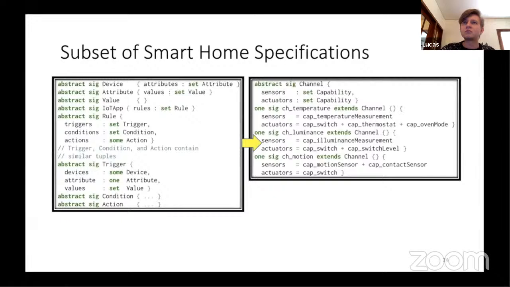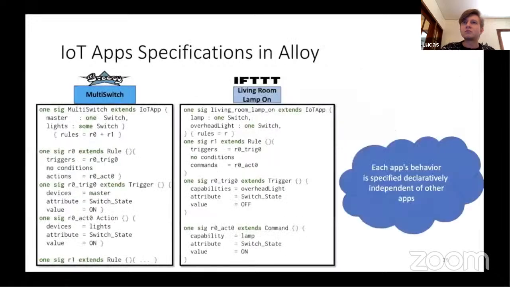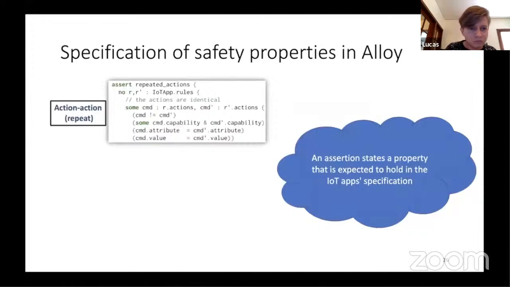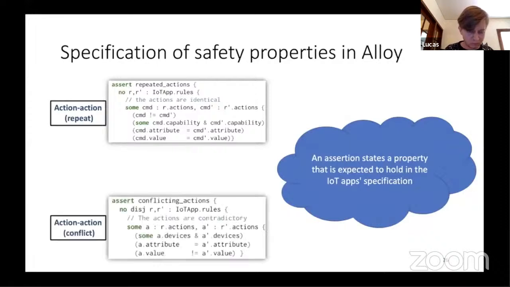Now for the specification of the IoT applications, as you can see here, we generate the specifications individually and independently of each other. Therefore, we can fulfill the requirement to perform compositional analysis. Here I'll be showing the first assertion that we used for verifying whether we have action repeat.